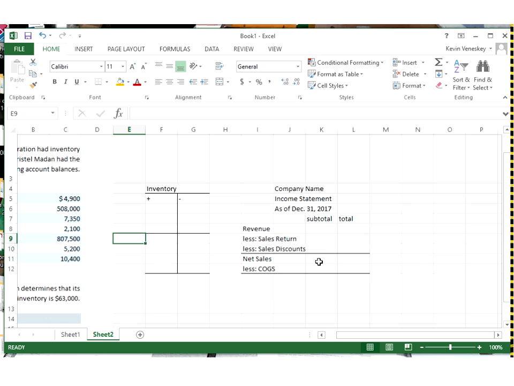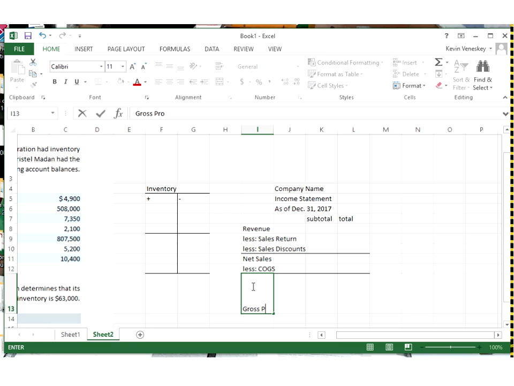I've got a subtotal column over here, kind of like what Wiley does, and then a total column. And remember, revenues minus our contra revenue accounts will lead us to net sales, and then when we subtract out our cost of goods sold, we then get gross profit. That's the figure that this problem is wanting us to get to.